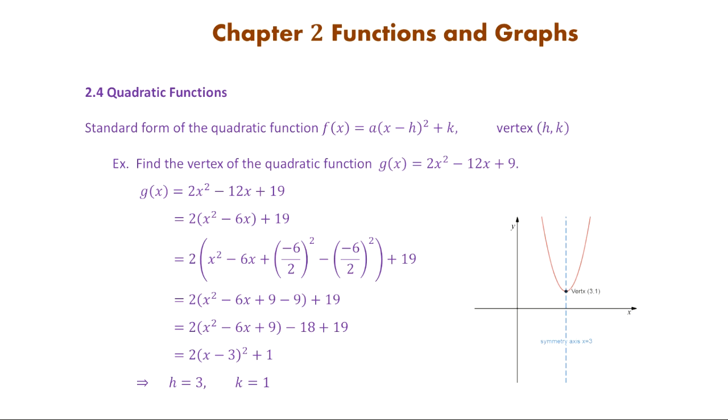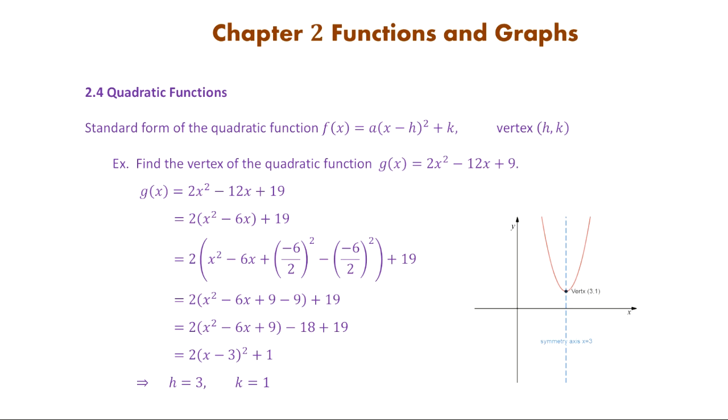The reason we want to write it in this form, called the standard form of the quadratic function, is that we want to find the vertex. The vertex is a very important point on the curve. As you know, it's either the highest or lowest point on the curve, and that's also where the symmetry axis passes through. So that's a critical point.